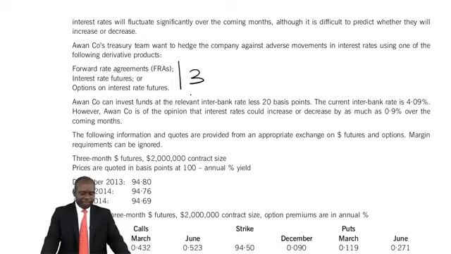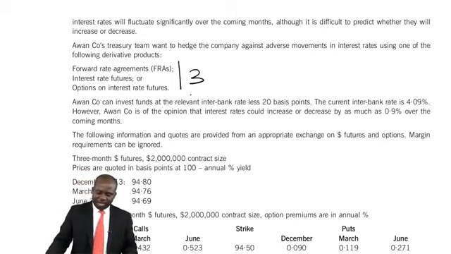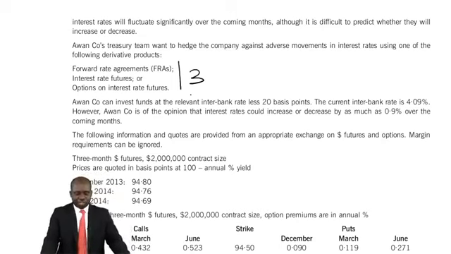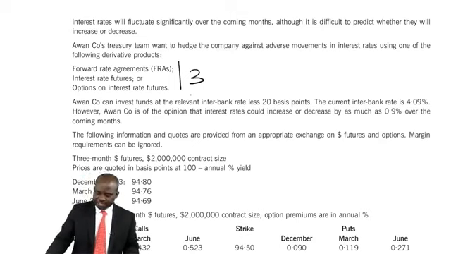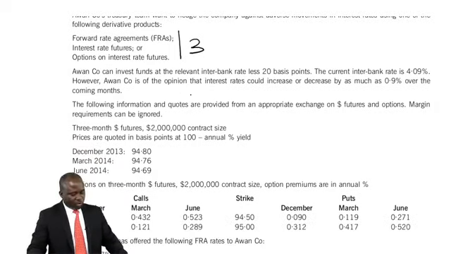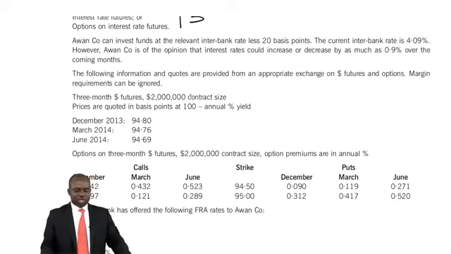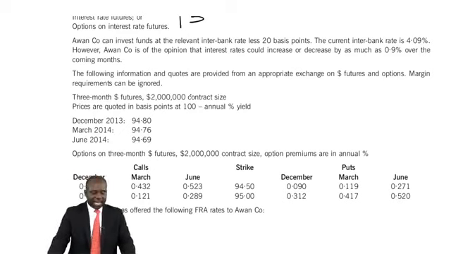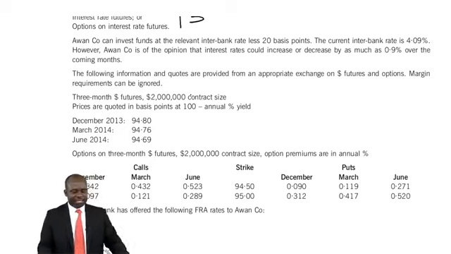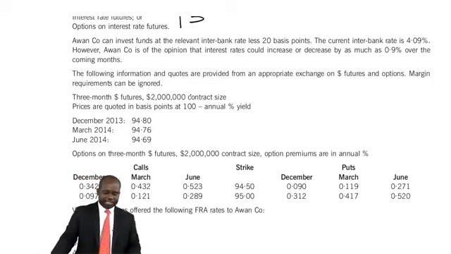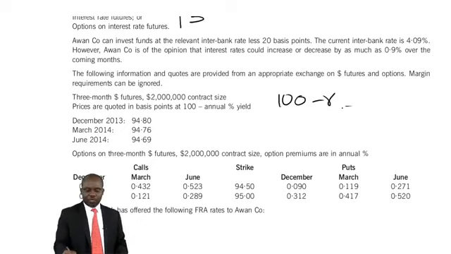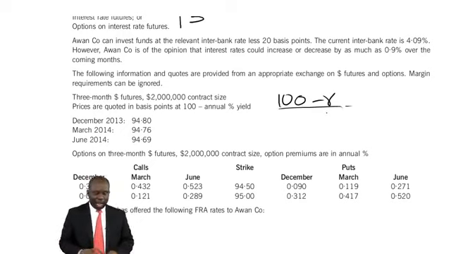The following information and quotes are provided from an appropriate exchange of dollar futures and options. Margin requirement can be ignored. 3-month dollar futures, 2,000 contract size. Prices are quoted in basis points at 100 minus annual percentage yield. Examiner did well. Futures are priced at 100 minus R. Most of the questions, they don't give it to you, so you need to bring it out.